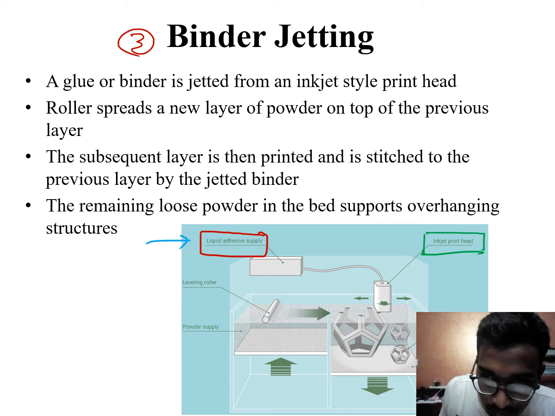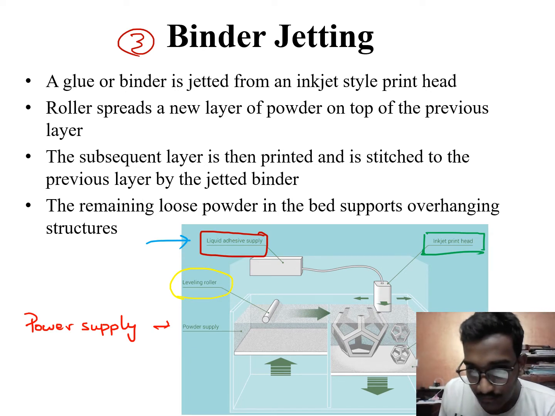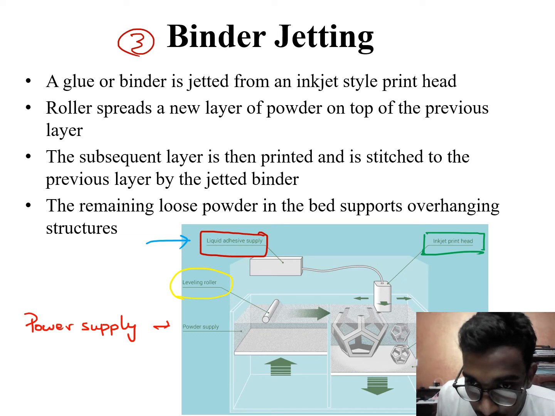How it goes is that there will be a leveling roller, you can see it over here, and then here there is also a powder supply kind of thing. But how does it work?